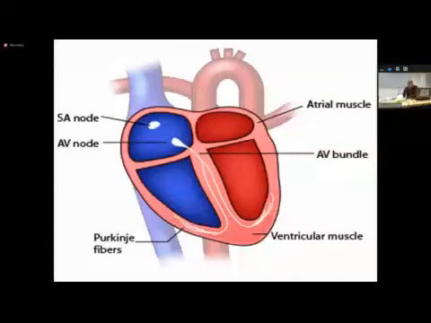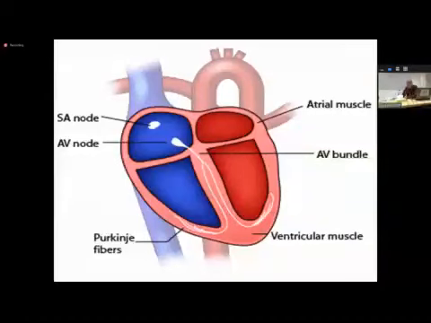The first two of them, atrial myocardium and ventricular myocardium, have an abundance of actin and myosin filaments. Therefore, they both are highly contractile.